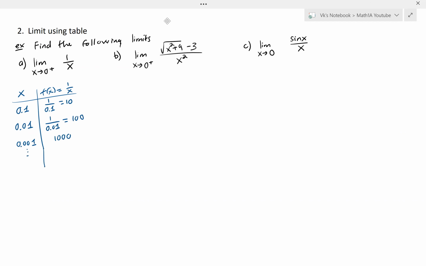So as we get to 0 on the right side, the limit of the function is going to infinity. And so this is infinity.